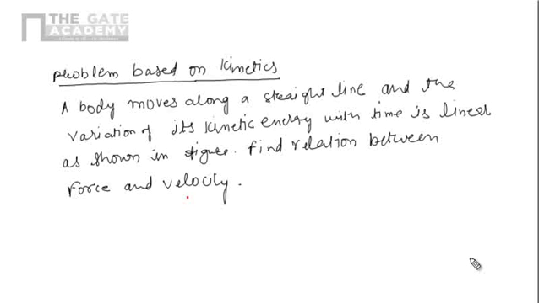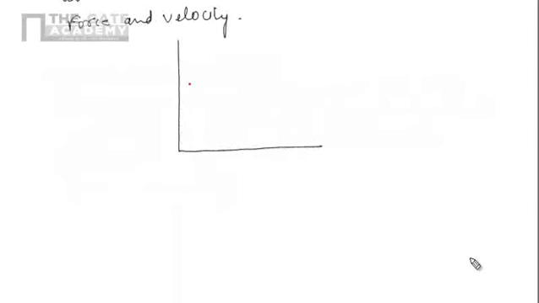So in this problem, it is mentioned that a body is moving along a straight line and the variation of kinetic energy with time is linear, and we are interested in the relationship between force and velocity. So I am just drawing the diagram here. This one is kinetic energy on the y-axis, denoted by K, and this one is time, denoted by T. The variation is linear.